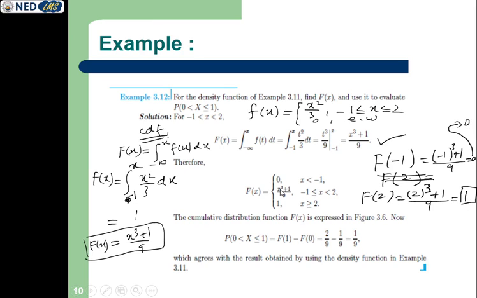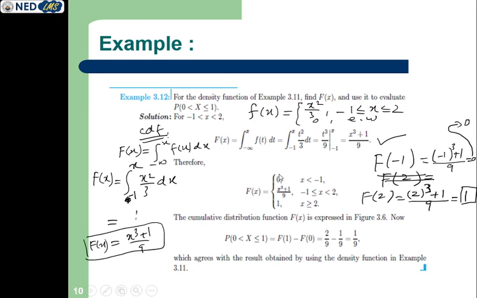Now how could you write the complete CDF? Write F of x equal to a curly bracket, and write the original CDF answer in the middle: x cube plus 1 upon 9, with the same limit as in the given PDF. Above this answer write the lower limit answer, which is 0, and below it write the upper limit answer, 1.